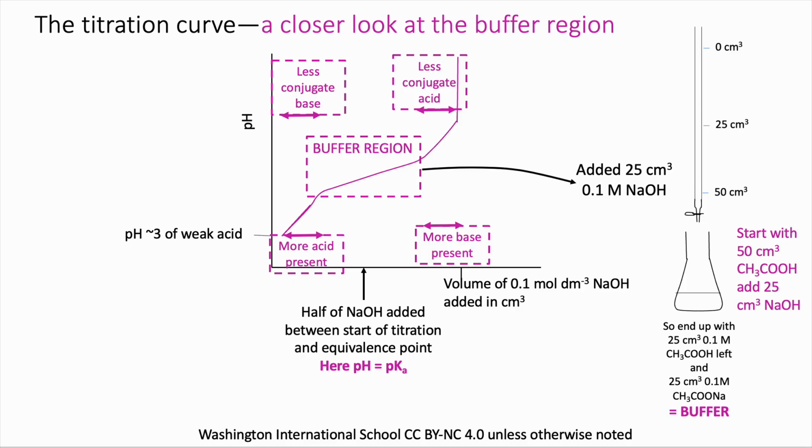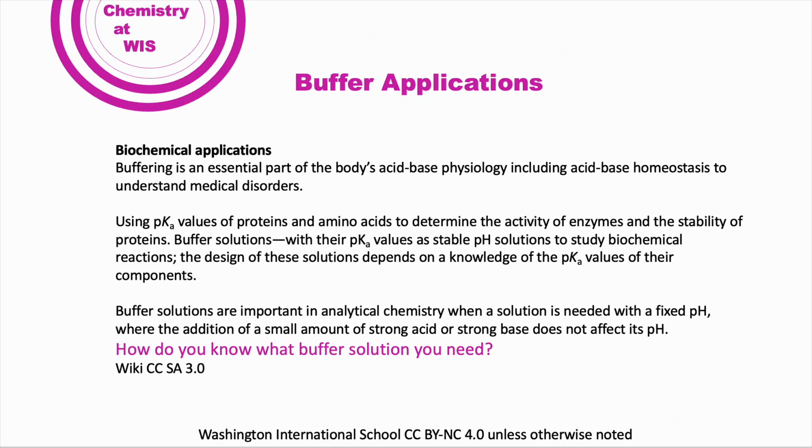So you start off with your weak acid, and the pH is rising as you're adding sodium hydroxide through that buffer solution, and then continues to rise until you stop adding the sodium hydroxide when it's fully reacted.